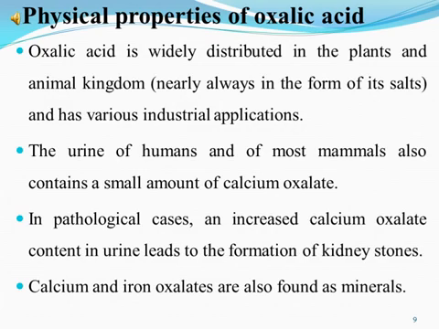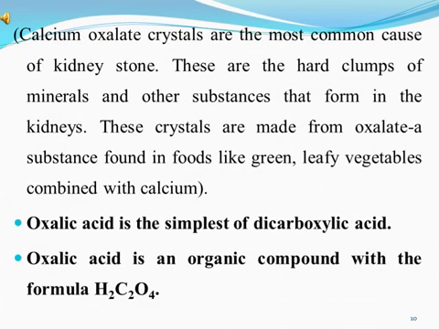Calcium and iron oxalates are also found as minerals. Calcium oxalate crystals are the most common cause of kidney stones. These are the hard clumps of minerals and other substances that form in the kidneys. These crystals are made from oxalate, a substance found in foods like green and leafy vegetables, combined with calcium.